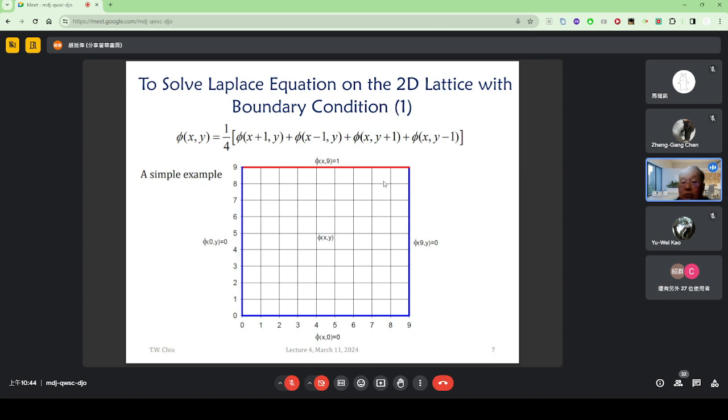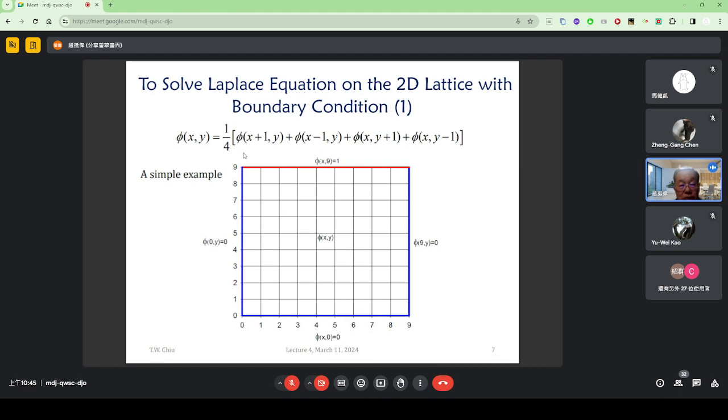I just start from any initial phi, and then I do an iteration. After each iteration, the phi are updated, and eventually the phi will approach the values such that the Laplace equation is satisfied.